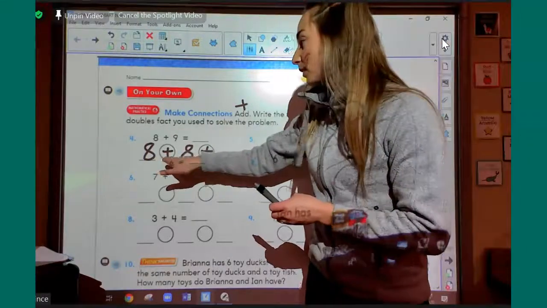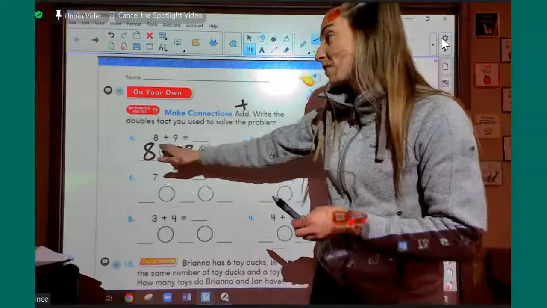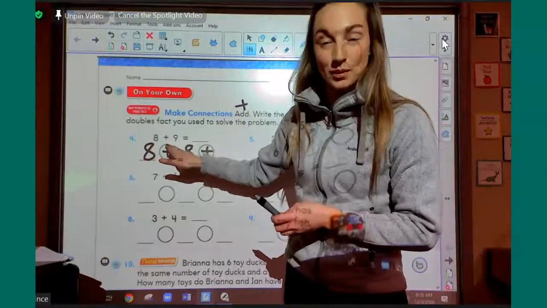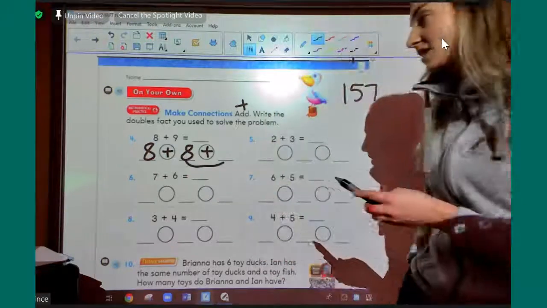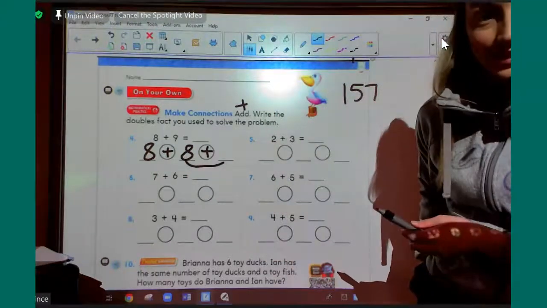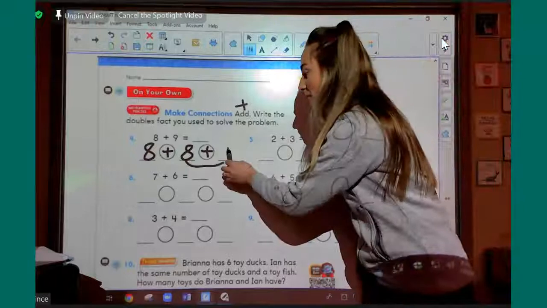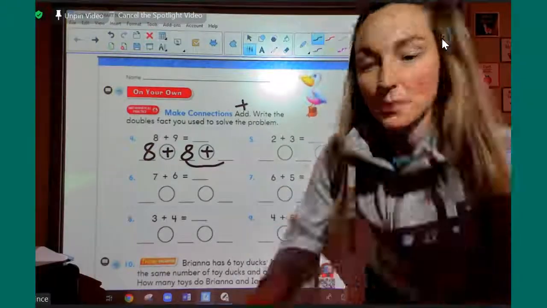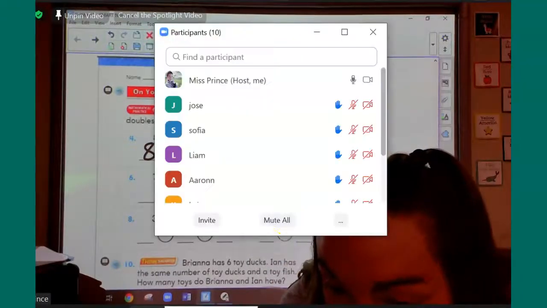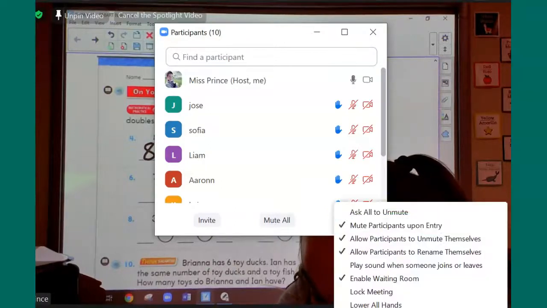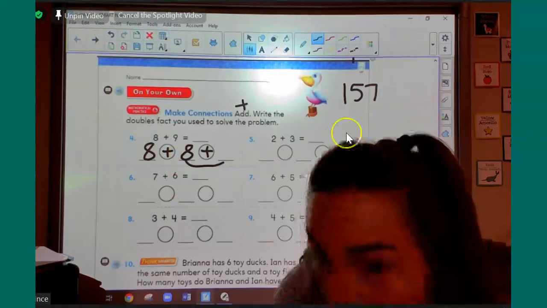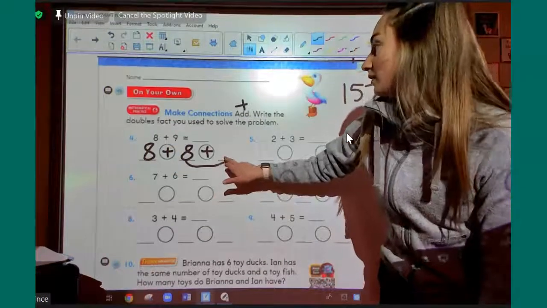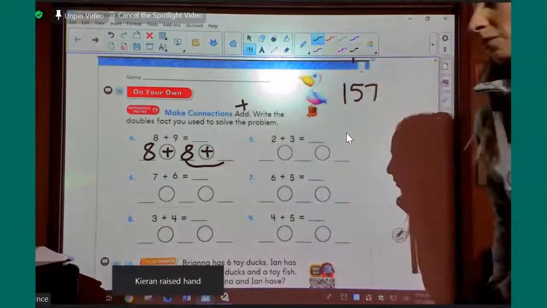I have 8 plus 8, but this doesn't say 8 plus 8, it says 8 plus 9. So these two numbers here need to equal 9. So what number am I missing that goes right here? I'm going to put all hands down because I know hands were still up from the last page. So I'm going to lower all hands, and if you know what number is going to go here, then I want you to tell me.